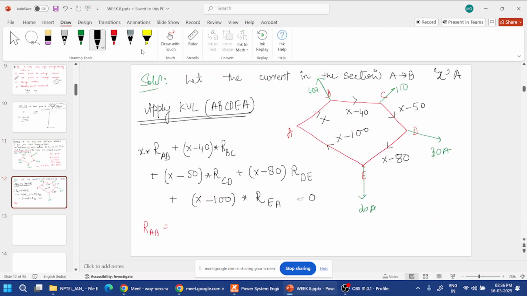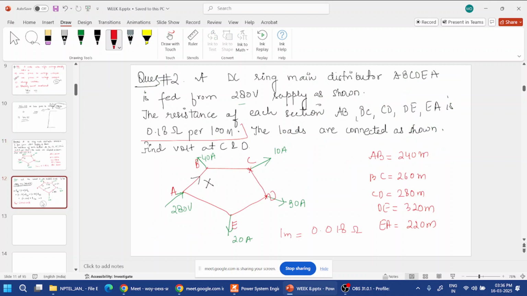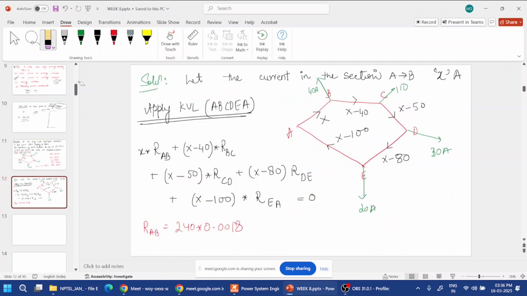So it will be 240 into 0.0018. I think I am correct. No, one more extra zero, 0.018.